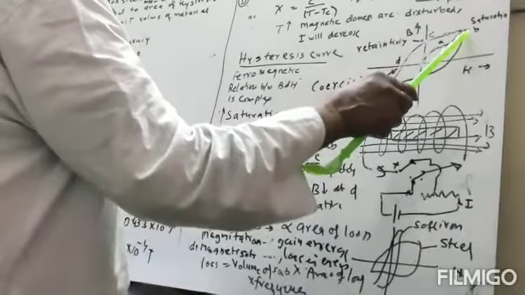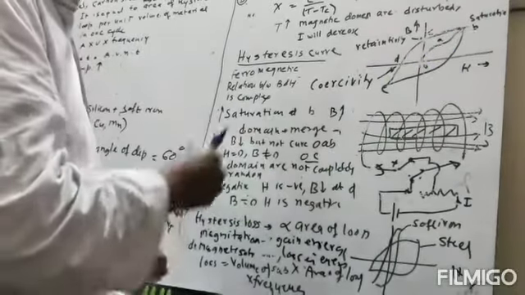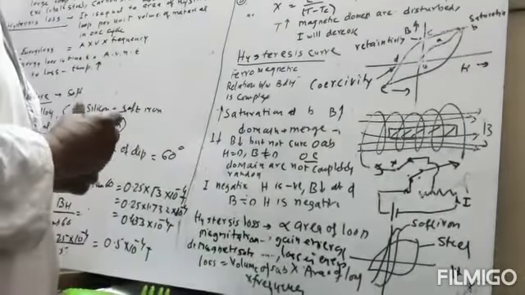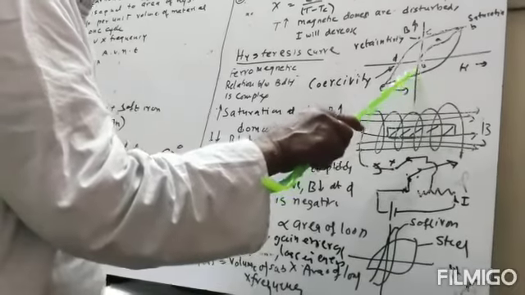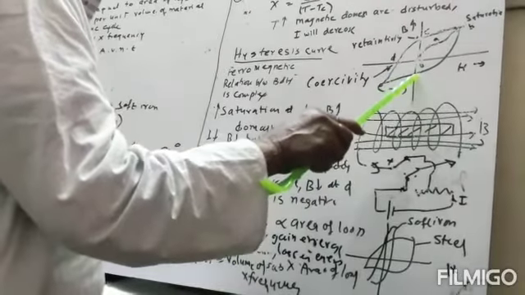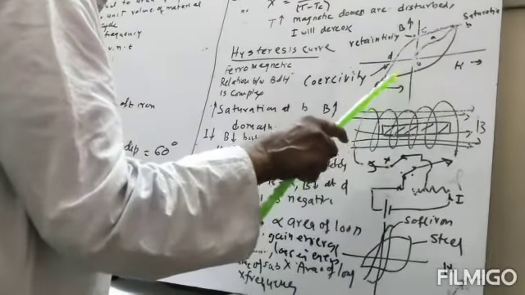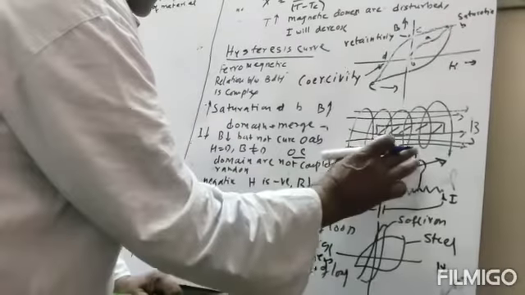It is in the plus direction, then it is in the minus direction. Now again we decrease the current, then B will be decreasing, and here H is equal to 0, but B is not equal to 0. So this is also a retentivity, and again we change the direction.